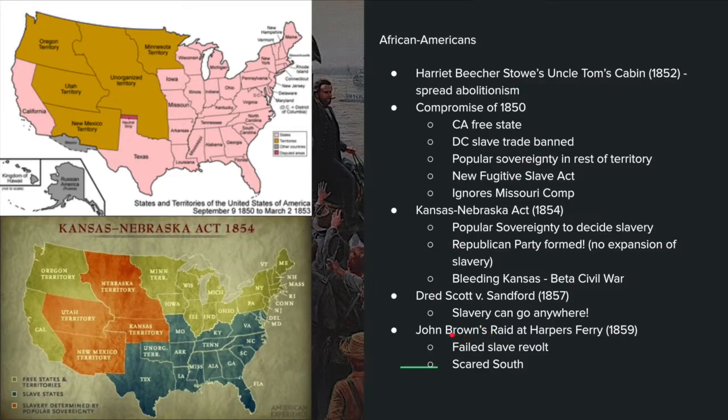But it's important because the South goes, oh no, I guess the Northerners are willing to invade our states. They get very frightened by this because they don't know if John Brown is an anomaly or if this is going to be the new normal of Northerners going to fight Southerners. So again, rising sectionalism and tension.